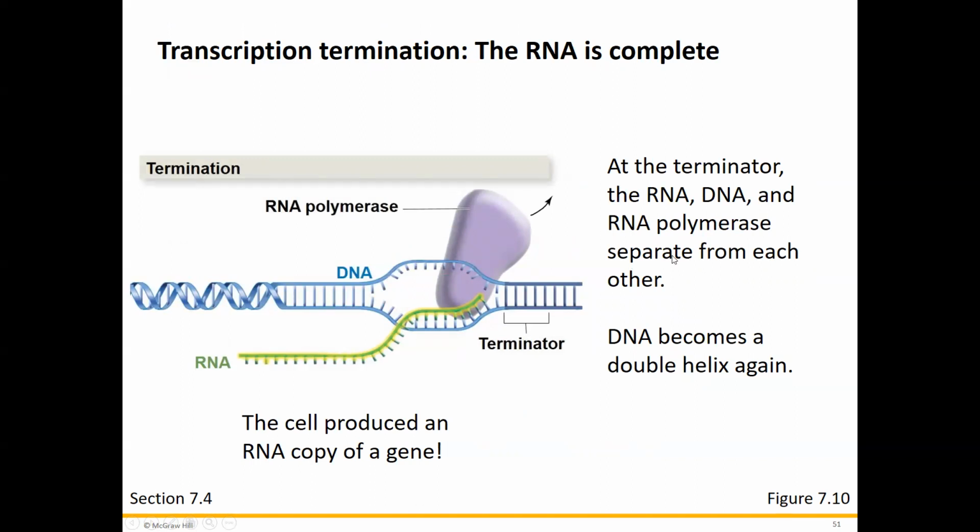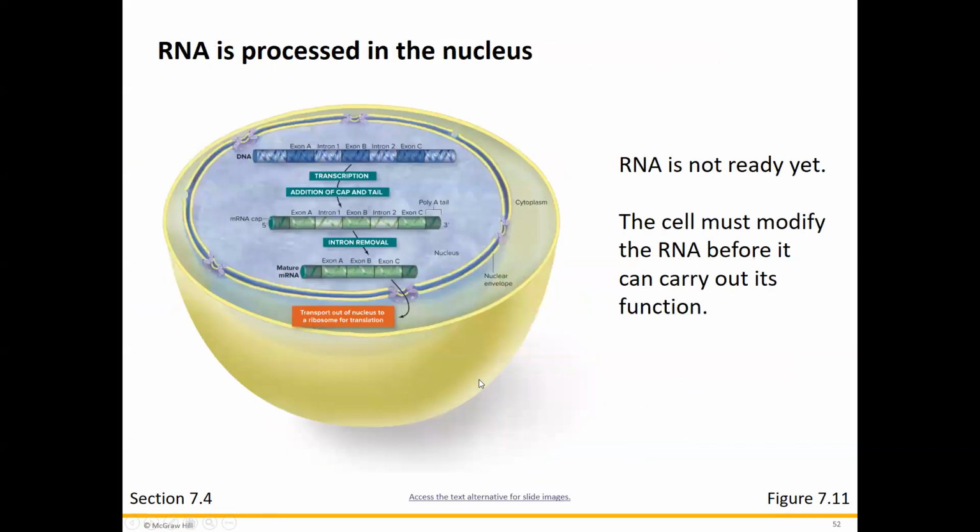So the RNA, DNA, and the RNA polymerase all separate from each other, and the double helix reforms. And you've got this messenger RNA strand that is the complement to the gene on the DNA.